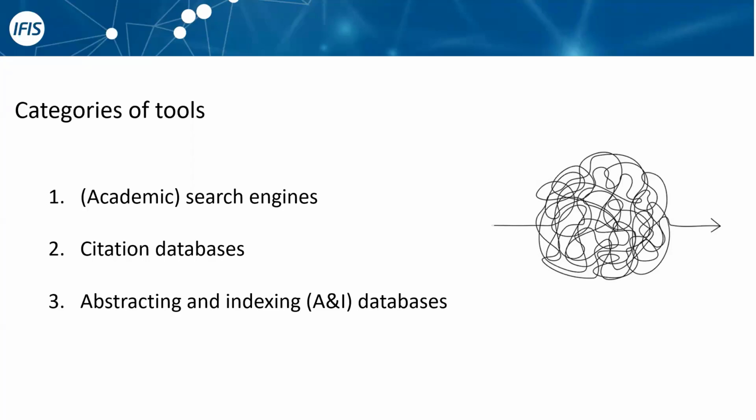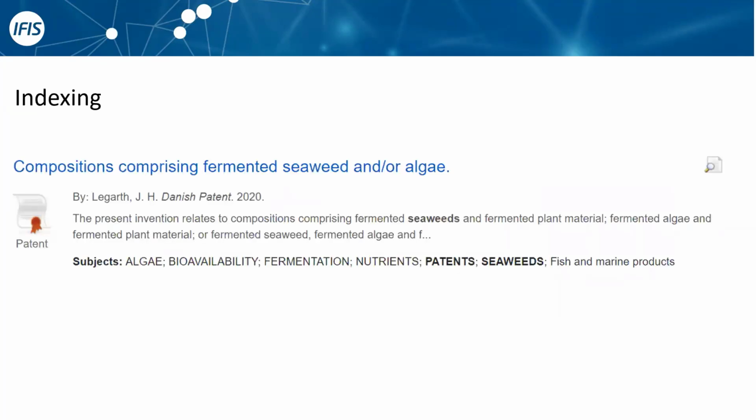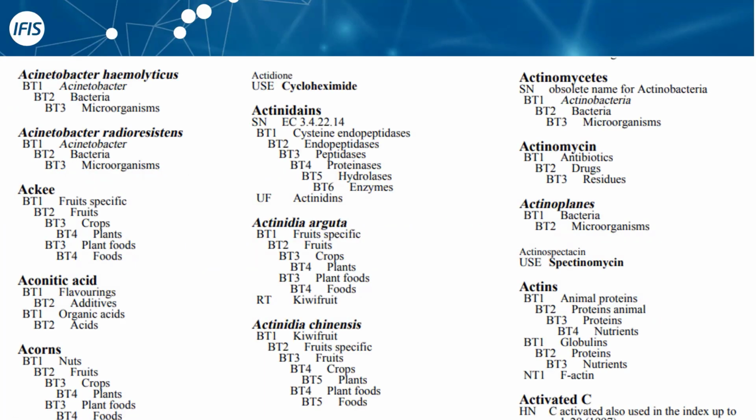And then there's the indexing terms. The indexing terms are pulled from our thesaurus, or for any abstracting and indexing database, from their thesaurus, and added to the record to give additional points of discovery that are shaped by the subject discipline that the database focuses on, to help people who are searching find the record. So in this case that we're seeing on the screen, these subjects are actually indexing terms, and they have been pulled from the index, which is really thorough, really focused on food science and nutrition, and has relations between all the terms.